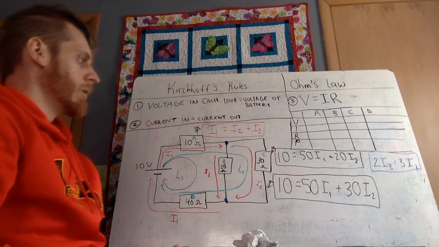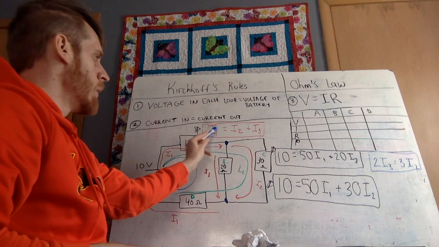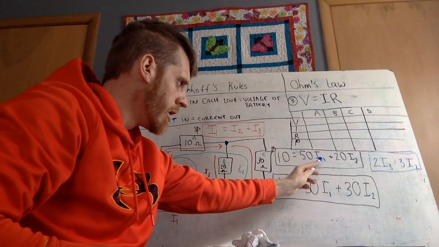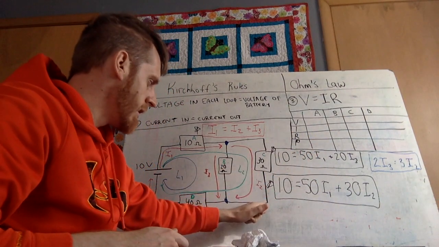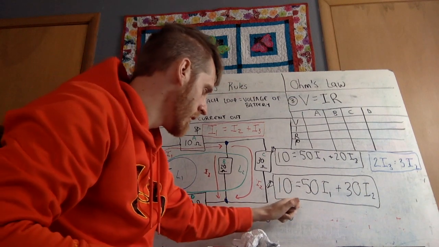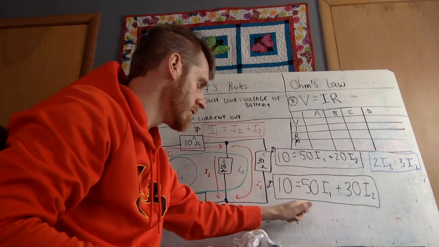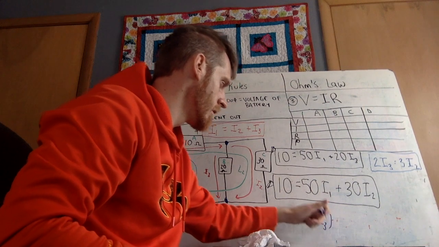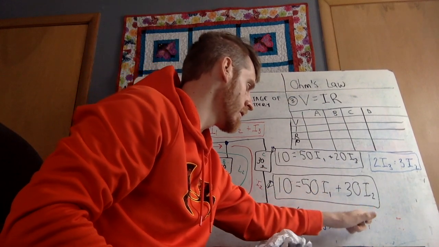What else can I do? Well, I know that I1 is equal to I2 plus I3. So here's an I1 here. I'm going to rewrite that equation up there. I'm going to say 10 equals 50 I1. Instead of saying I1, I'm going to say I2 plus I3, and then plus 20 I3.